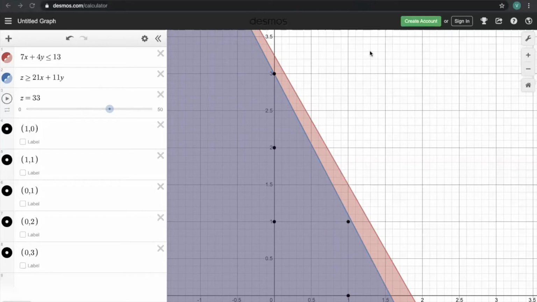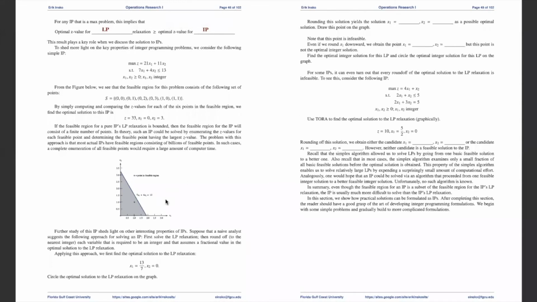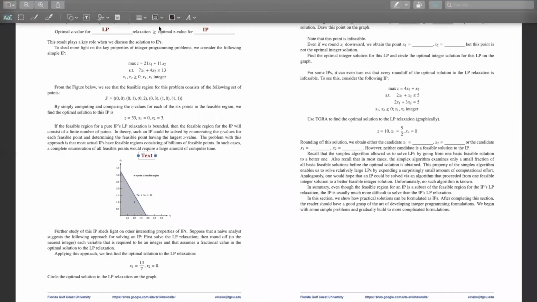So going back to the paper, we can see that we have the same right here on the graph. And as we said, our biggest value was at 13/7.